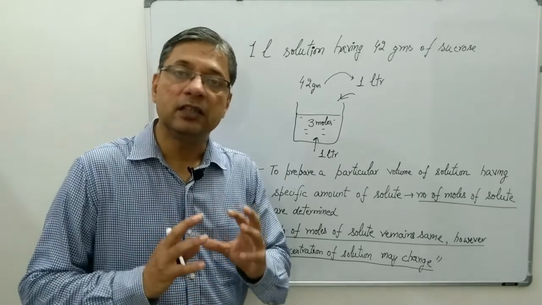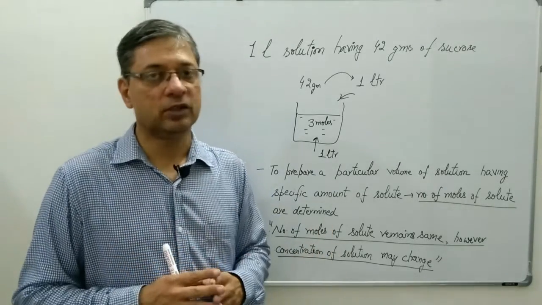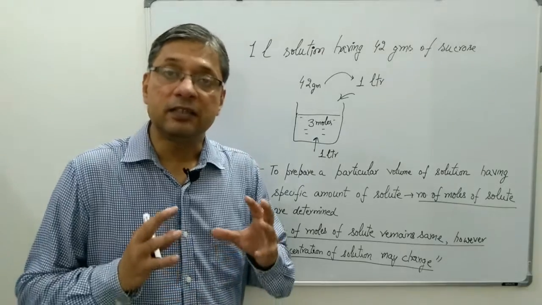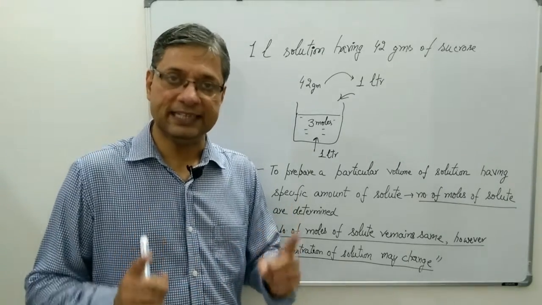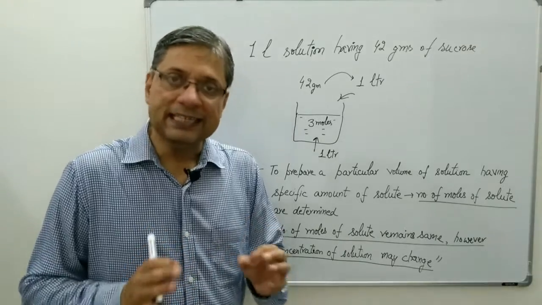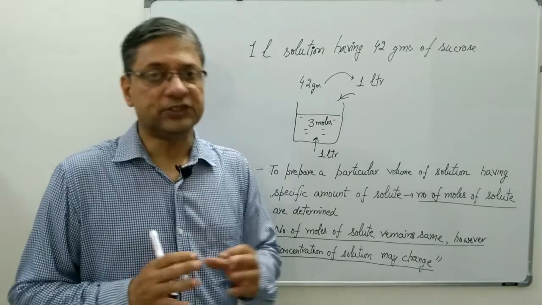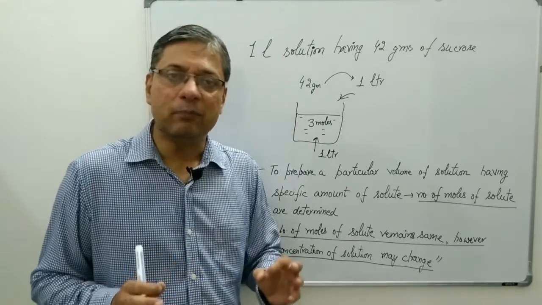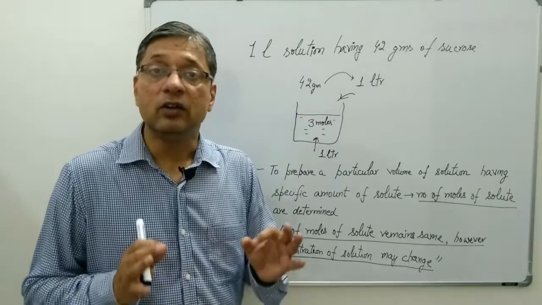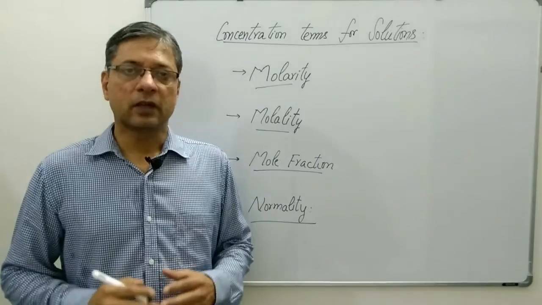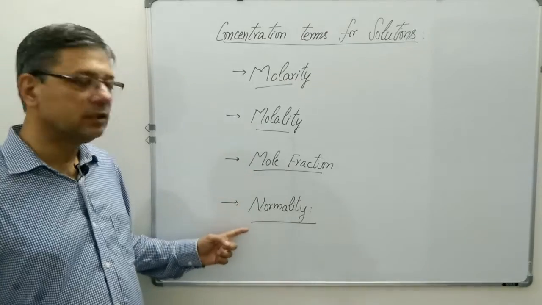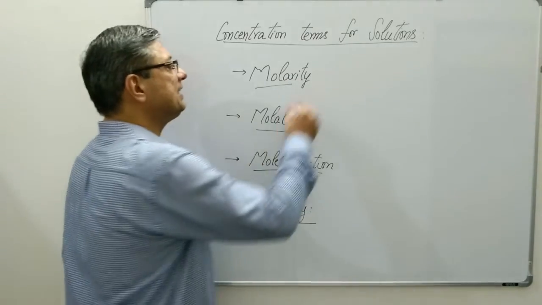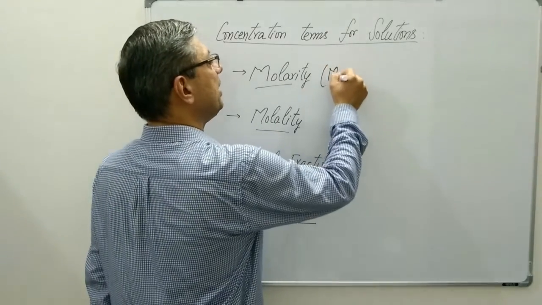Based on the number of moles of solute, the concentration terms used in lab are molarity, molality and mole fraction. There is another very important term that is called normality. Concentration terms are molarity, molality, mole fraction, normality.